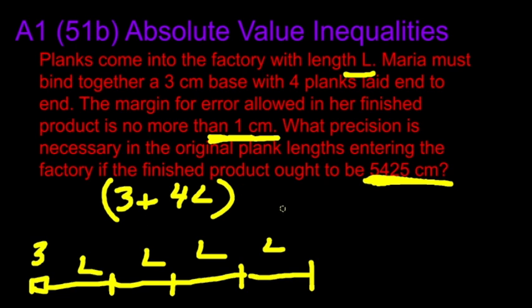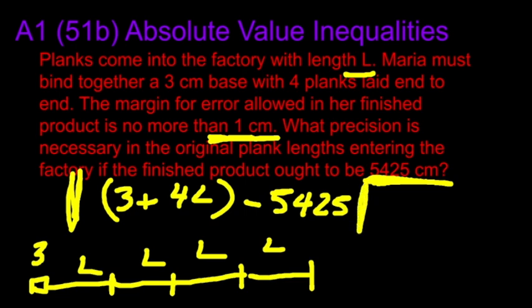Okay, so I could write a compound inequality, but because we're talking about absolute value inequalities right now, I'm gonna do this. I'm gonna subtract 5,425 from my length. Okay, and then I'm gonna put that in absolute values. All right, so if my length is bigger than this, I'll get a positive number, no problems.